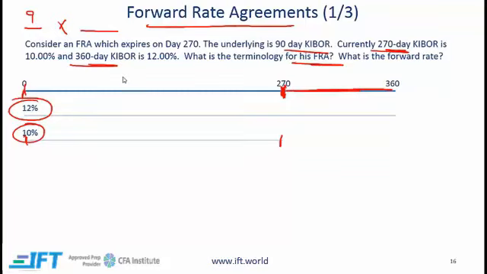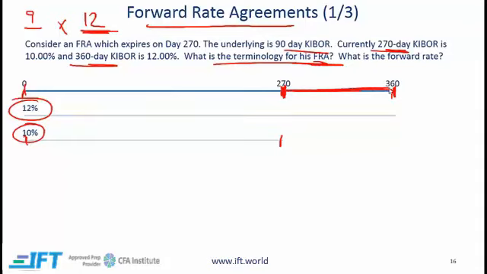The convention with forward rate agreements is to use 360-day years. So 30-day months, 360-day years. This is 9. And then the second element here is where the underlying hypothetical loan ends. That is 360, which is month 12. So the terminology is 9 by 12.